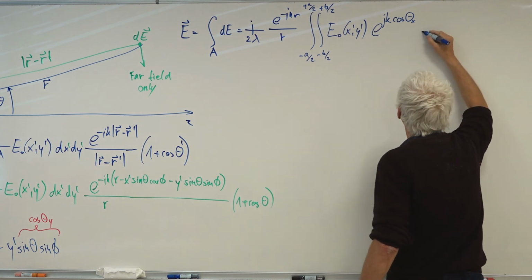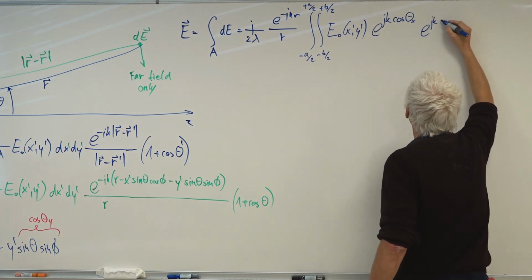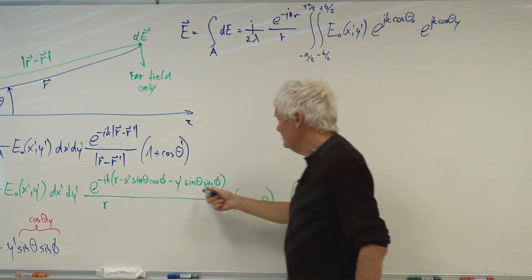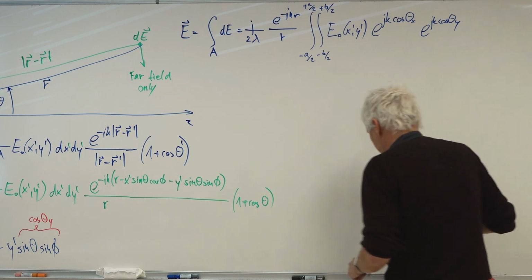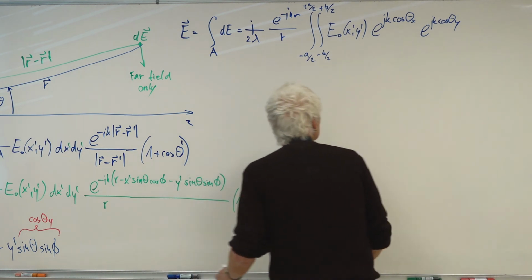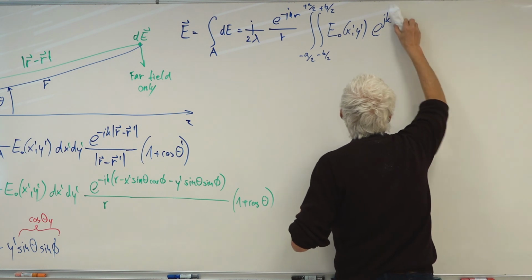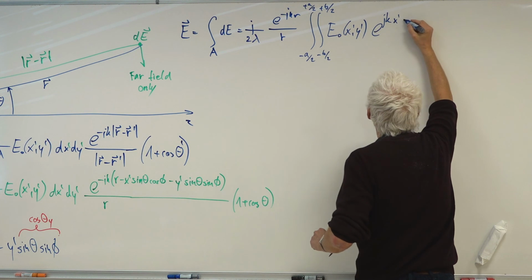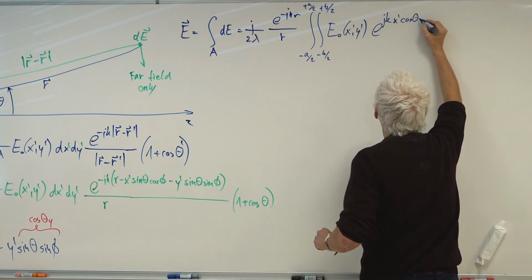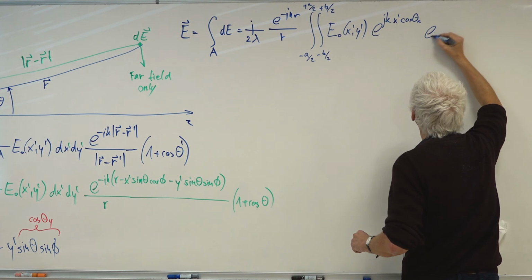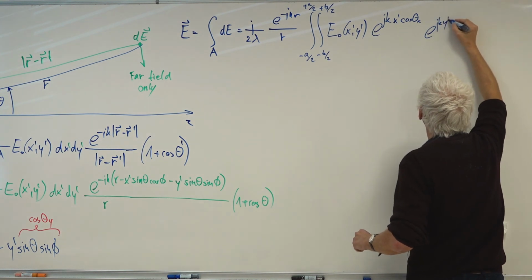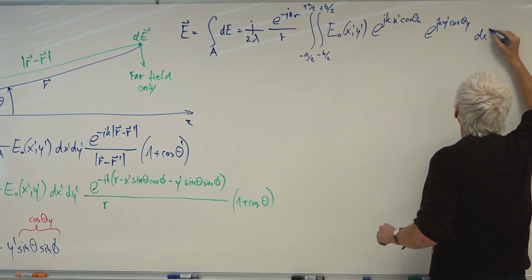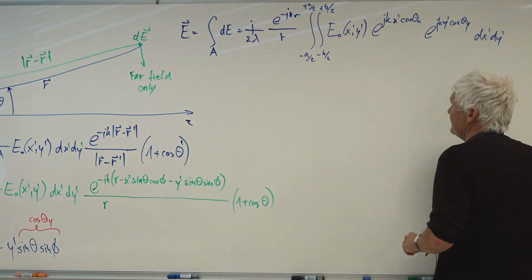E to the jk cosine theta y. This is the second term. Sorry, I forgot x prime and y prime. Oh no, I have to rewrite everything. So here was x prime cosine theta x, e to the jk y prime cosine theta y, dx prime dy prime.